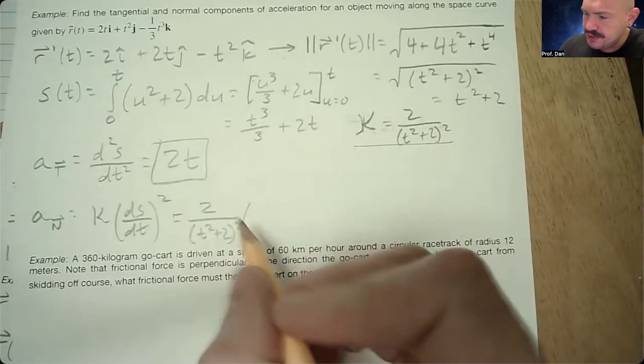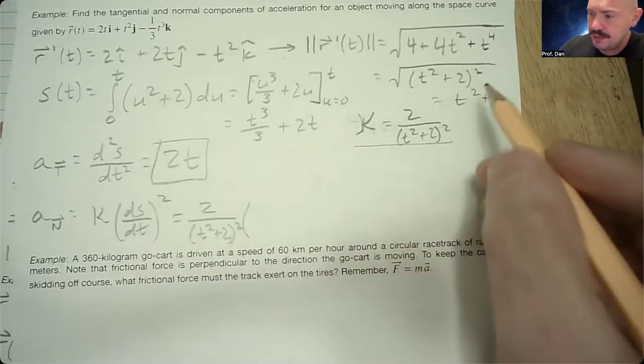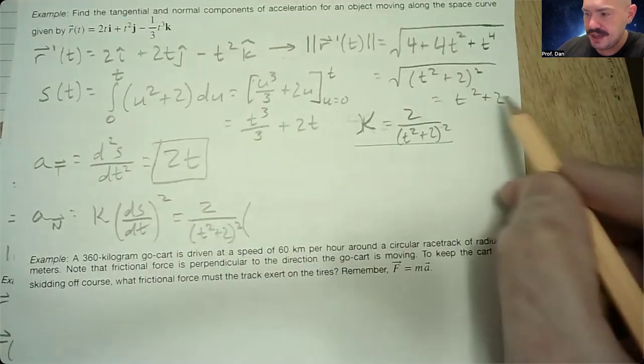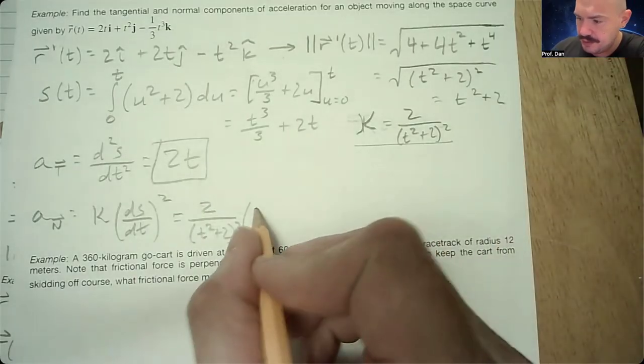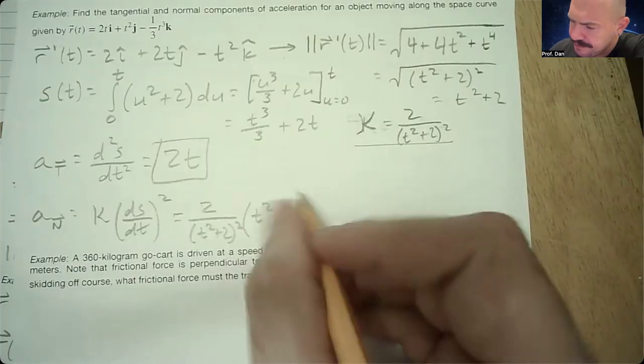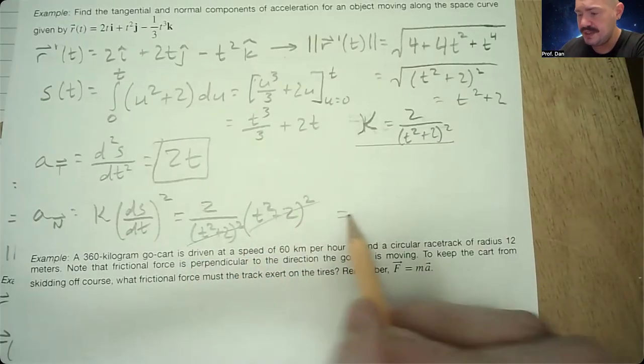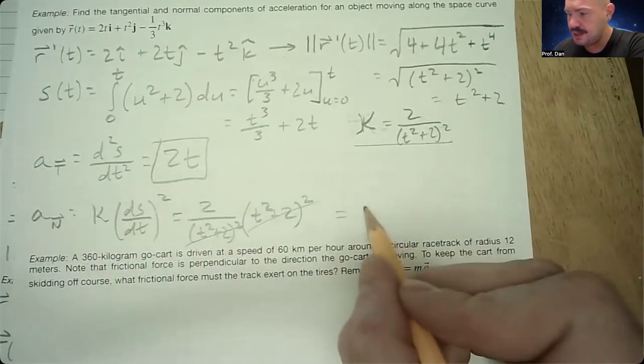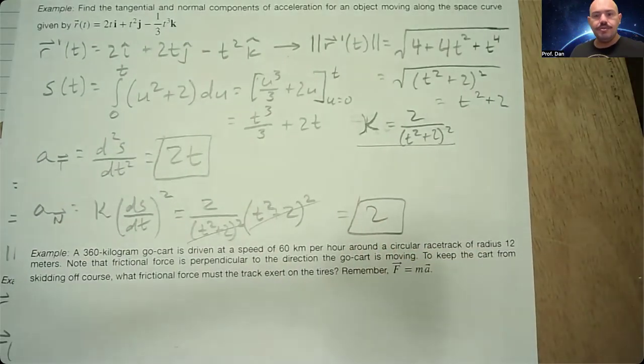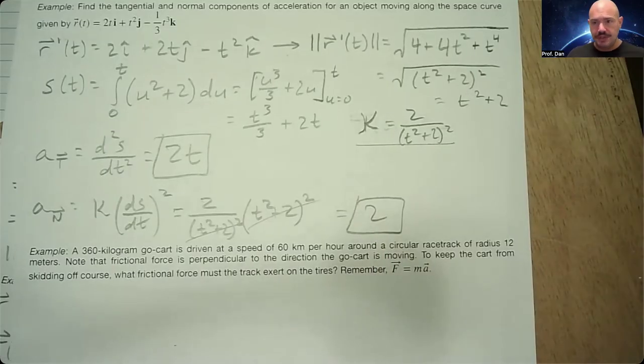My first derivative of arc length, remember, was this guy, t squared plus 2, and we're going to square that. That is super convenient because it gives us essentially 2. So the normal component of our acceleration is 2. The tangential component is 2t.